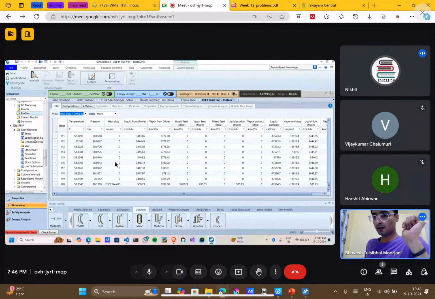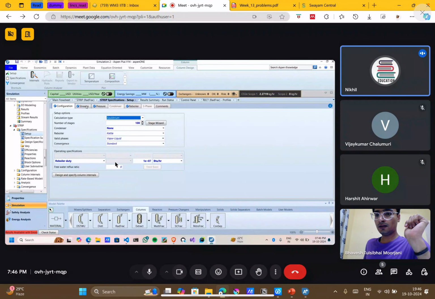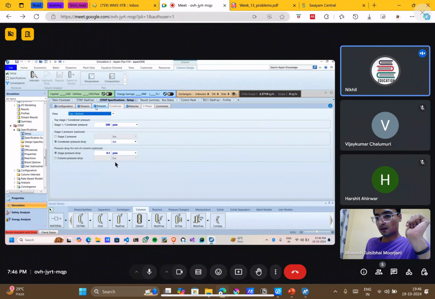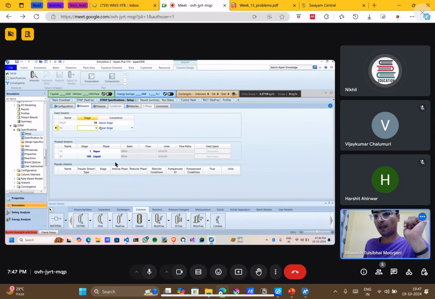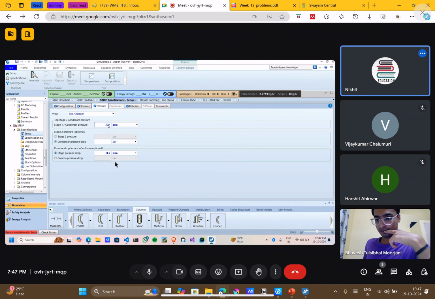Go down. Setup. Now instead of 280, select 300 psi pressure value. Yes, select 300. Reset the simulation and run it once more.